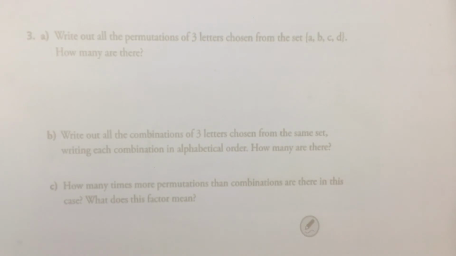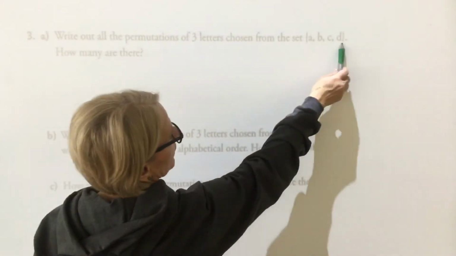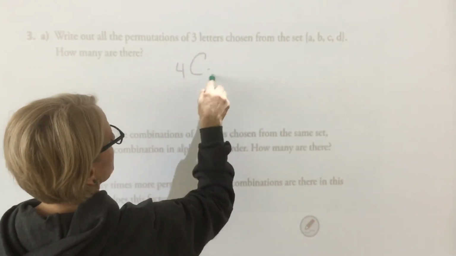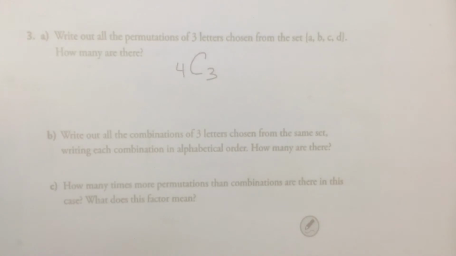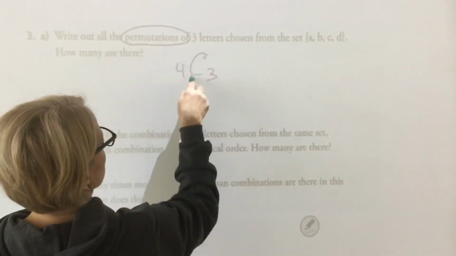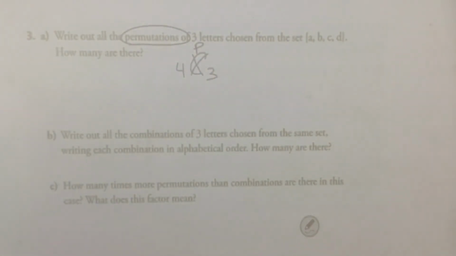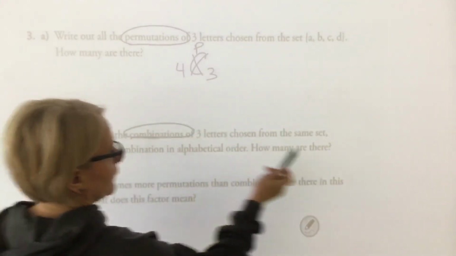Number 3: write out all the permutations of 3 letters. We're not going to write them out. How many are there? I have 4 that I'm choosing from, 4 choose 3. Oh, but it said permutation, so I'm going to put a P there. And then same thing with B, we're not going to write them out, but now we want a combination.